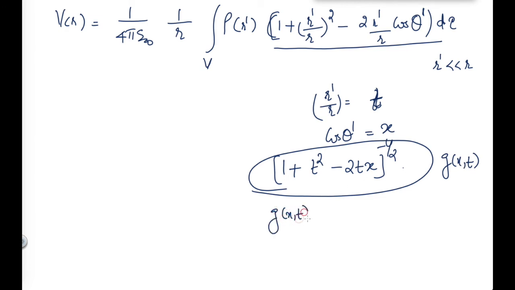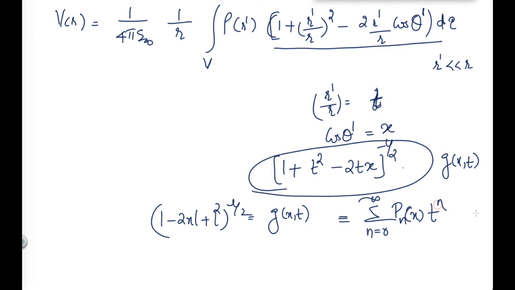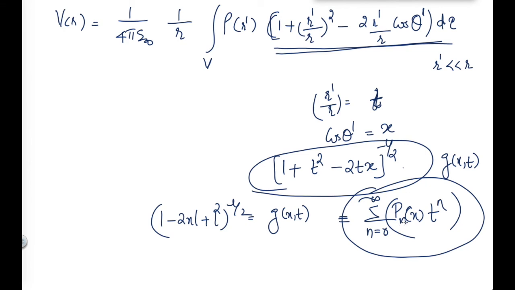So g of x, t, 1 minus 2xt plus t square whole raised to minus half, is the generating function such that it gives you the sum over n equals 0 to infinity of Pn of x t raised to n. This is a summation extended from 0 to infinity, an infinite series of Pn of x and t.